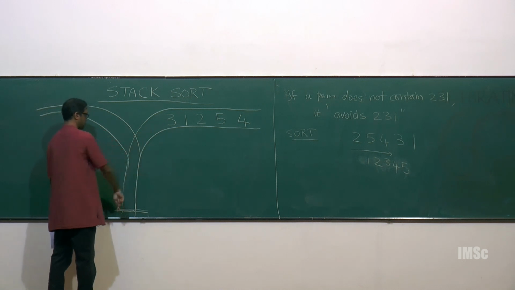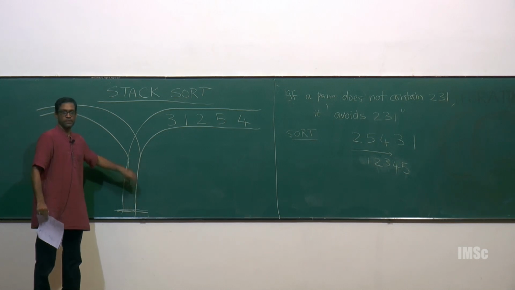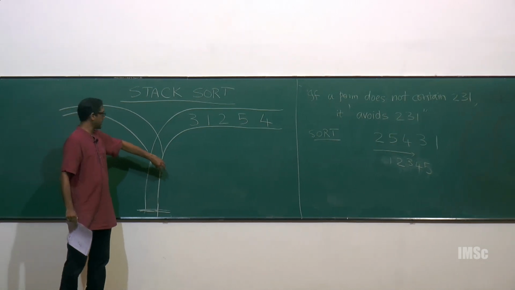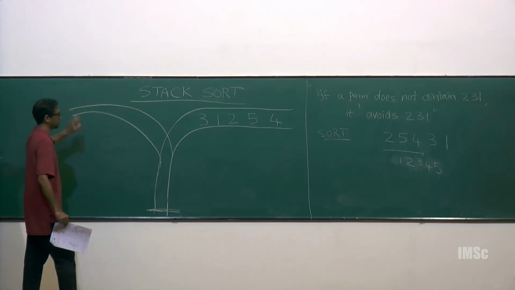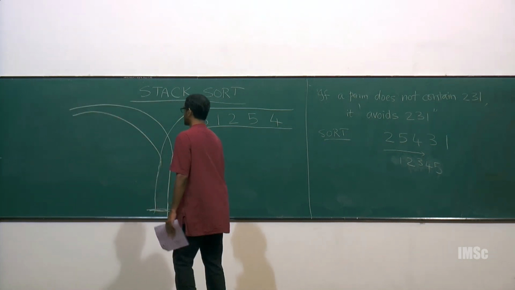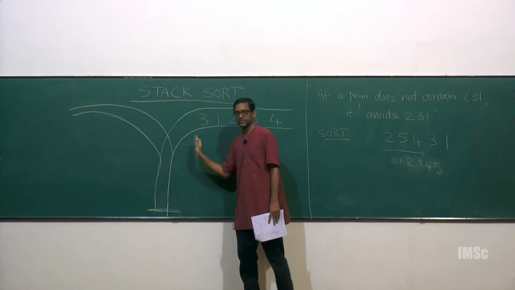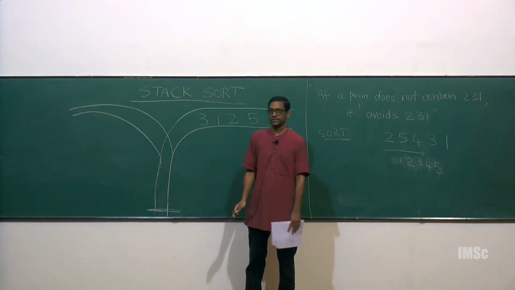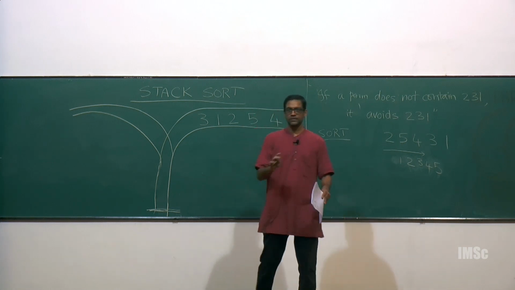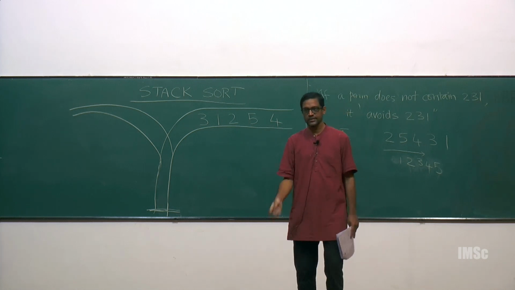I can push my bogies in, and I can park them here, one on top. And then I can pull the topmost one out into this other output stream. So that's where my output is finally going to land up. This is all I have. I only have access to 2 railway tracks in this configuration. Just using this, I want to sort. This kind of sorting is called stack sort.